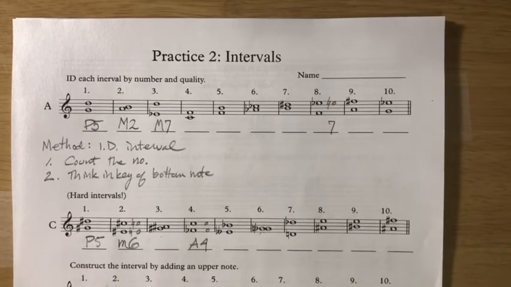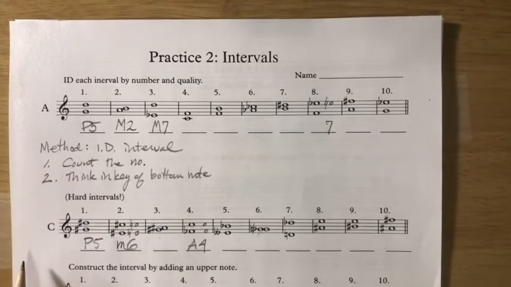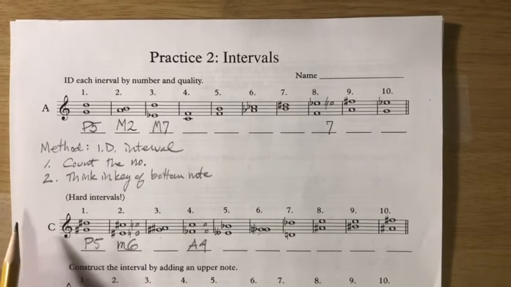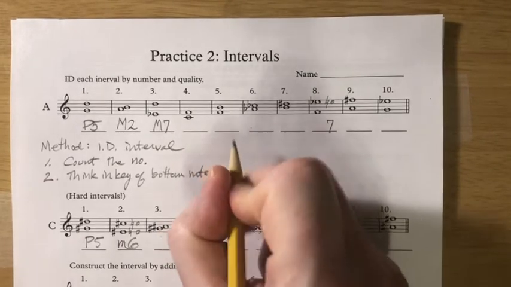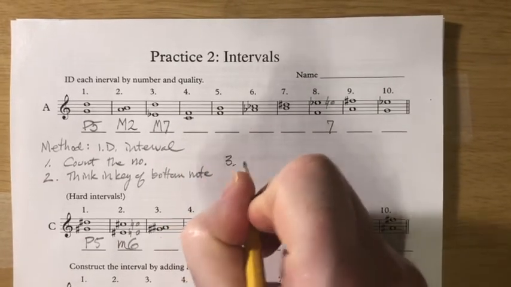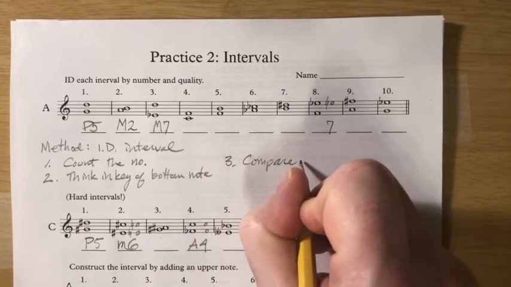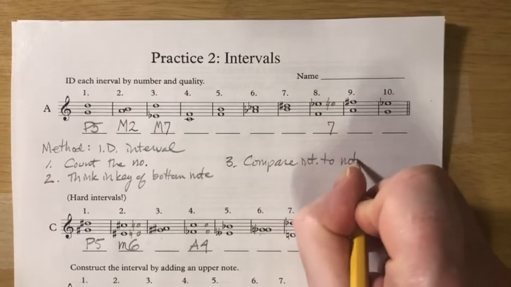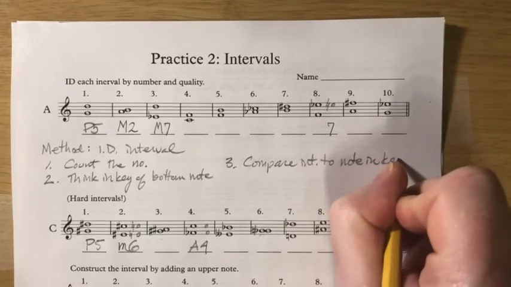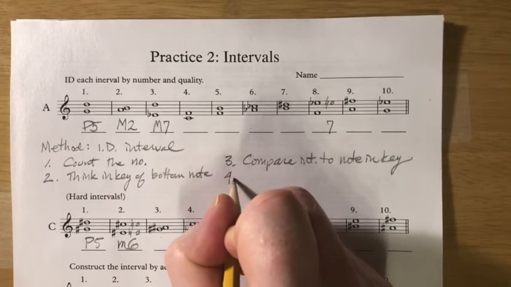Okay, now to construct an interval by adding an upper note. Let's go back to the method here. I realize I didn't really finish this for you. For identifying the interval, count the number, think in the key of the bottom note, and then the third step is compare the interval to the note in the key, and 4, name it.